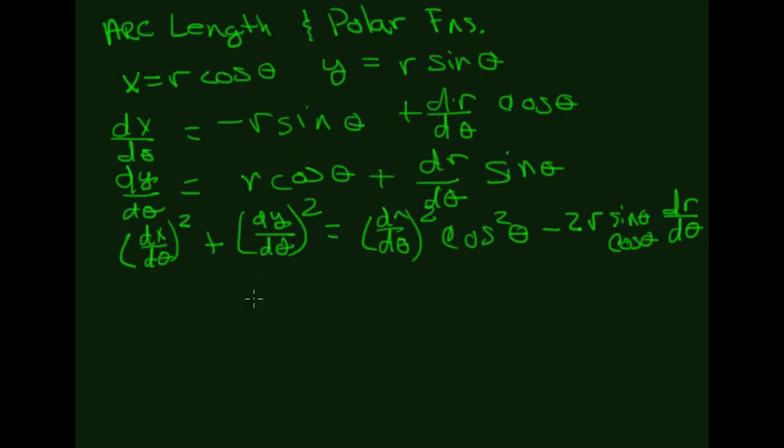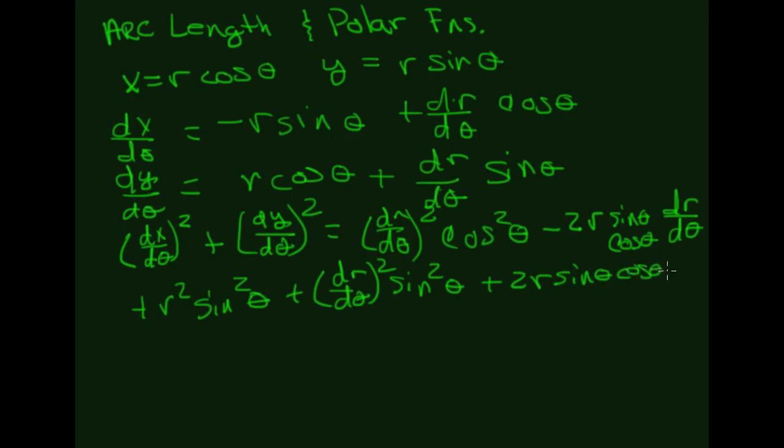And then we square this guy, which gives me plus r squared sine squared theta. When we play the same game with dy d theta, we get dr d theta squared sine squared theta plus 2r sine theta cosine theta dr d theta, and then plus r squared cosine squared theta.